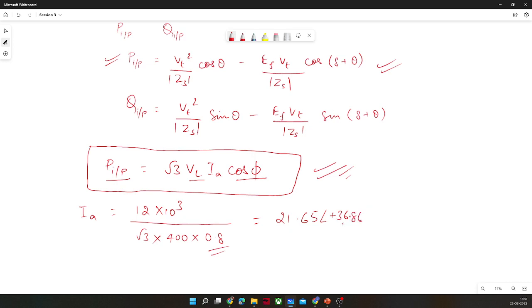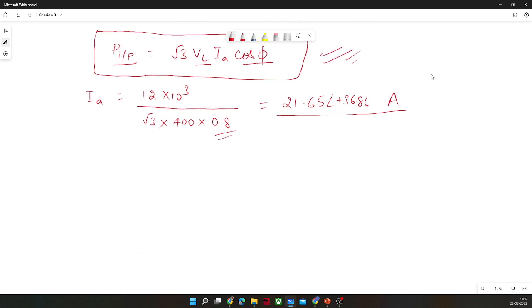Cos 36.86 is 0.8, so I would write it like that. Now we know IA. We are now going to apply KVL, and that was nothing but VT is equal to EF plus IA into RA plus jXS.